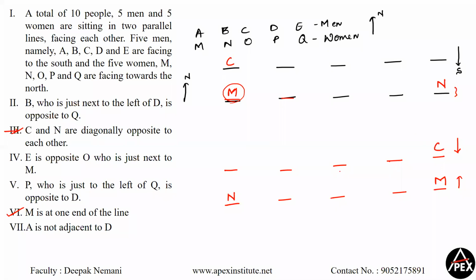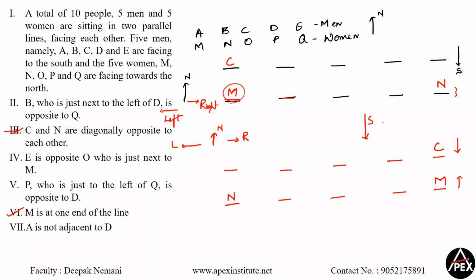Guys, the only catch in this problem is, for those who are facing north, this and this will be left. So this will be right and this will be left. But now if I have to consider the directions of the men, they are facing south.